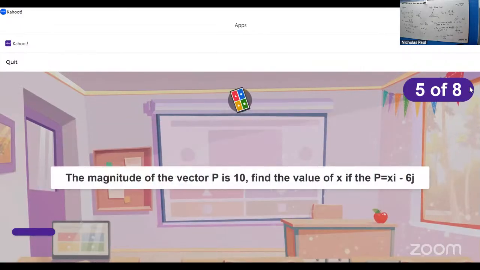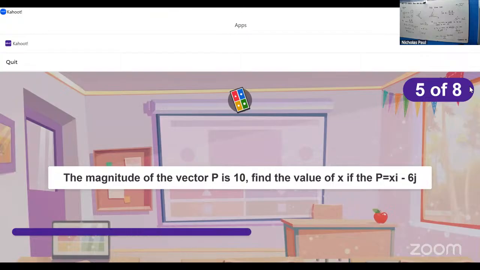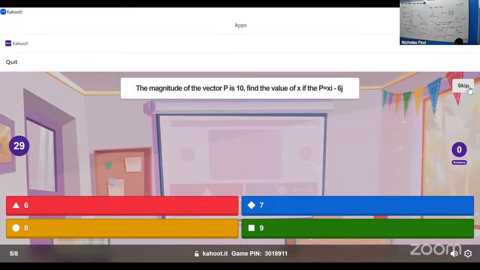Double up again here. Ooh, I like this one. You need a calculator. Let me remember your Pythagoras numbers. There we go.